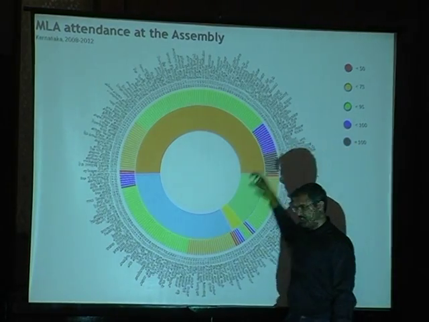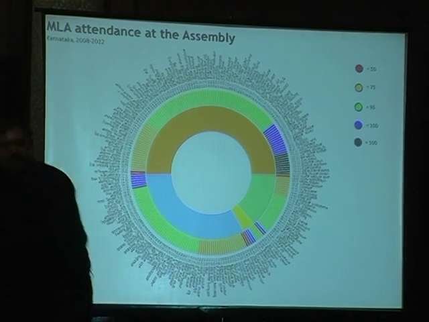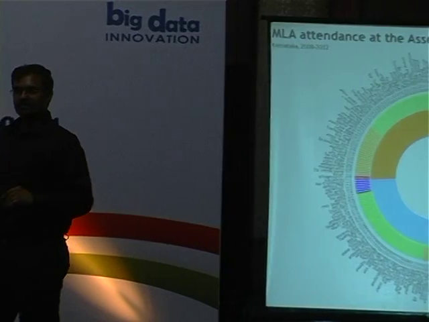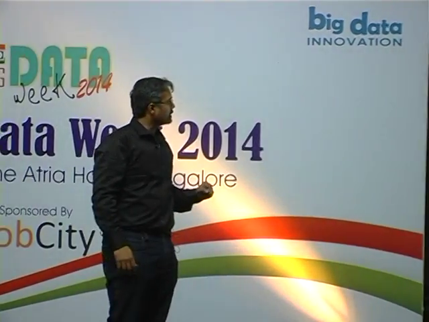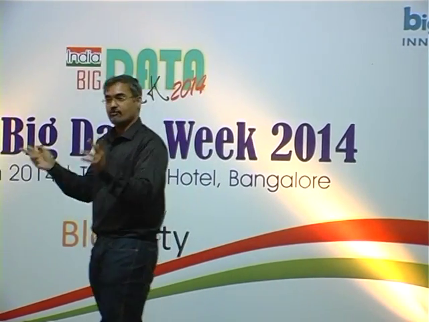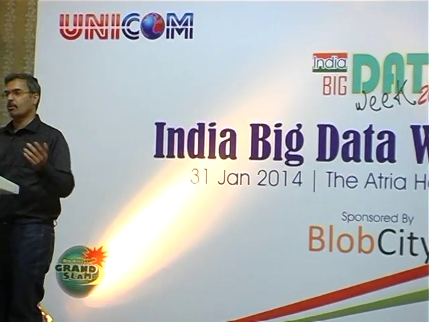The blacks are the ministers, whose attendance is not marked, so you assume that it's 100%. But there are a few that are attending the assembly fairly regularly, and those that are below 50% effectively have a fail mark. And you get to see how the assembly is performing at one shot.